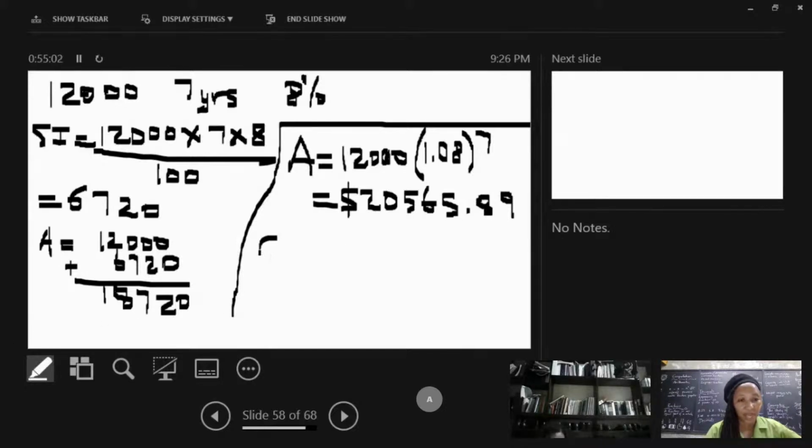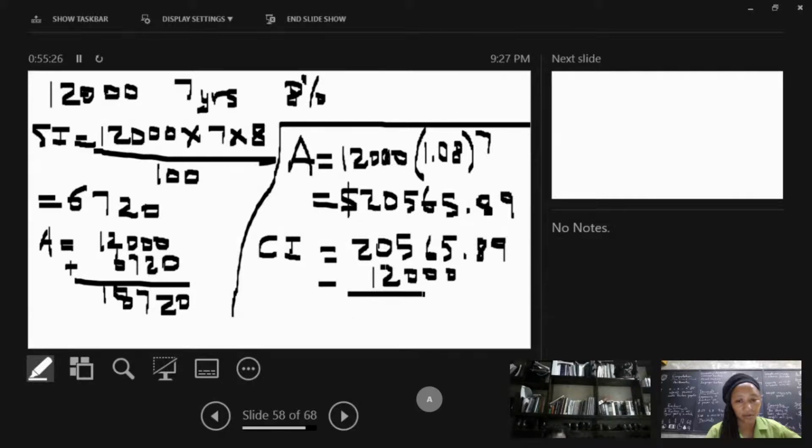18,720. And the actual compound interest would be that amount minus the 12,000. So how much is that? $8,565.89.